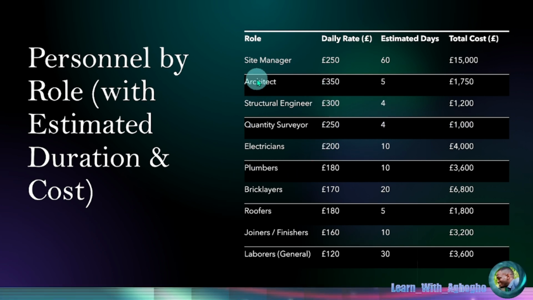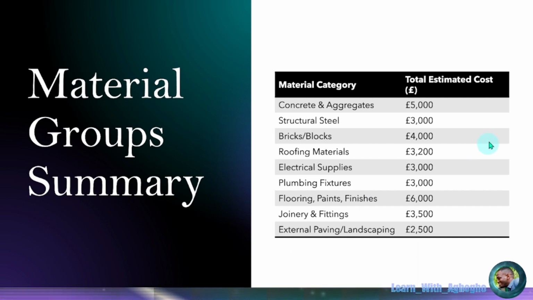So all these are the rows. We've got the daily rates and the estimated number of days that we expect this personnel to be on site. However, if there are variation on that, the contingency will be of importance to cater for such excesses.